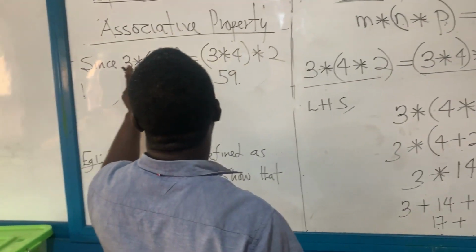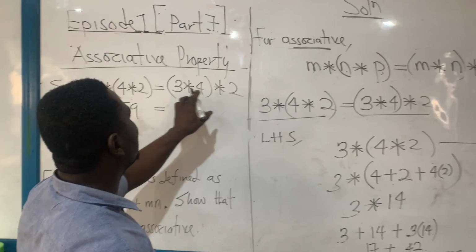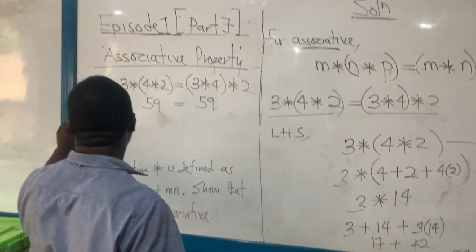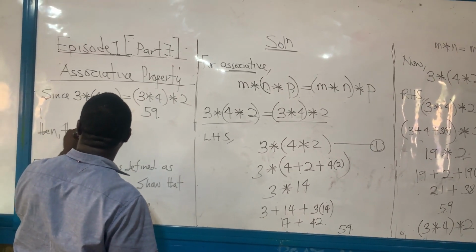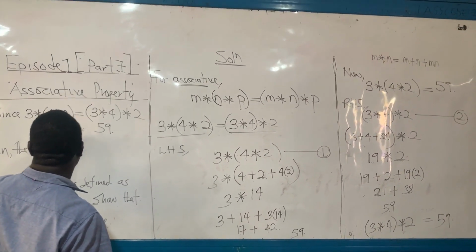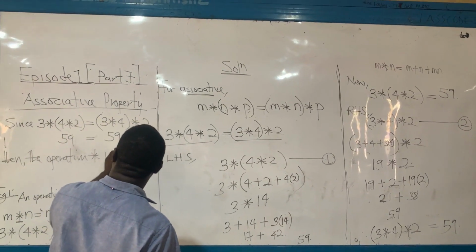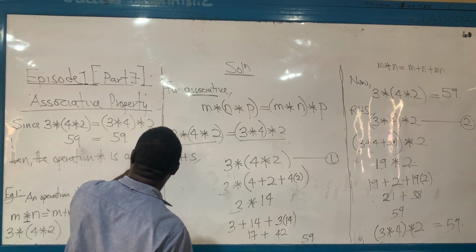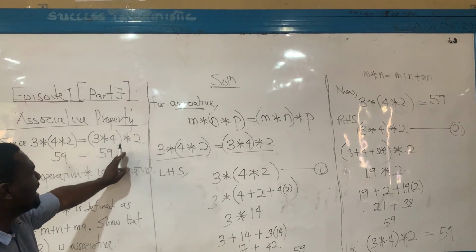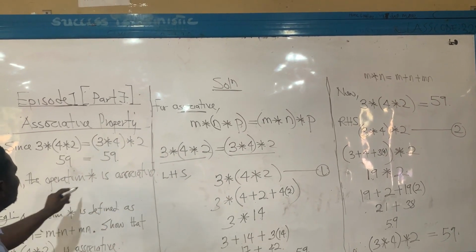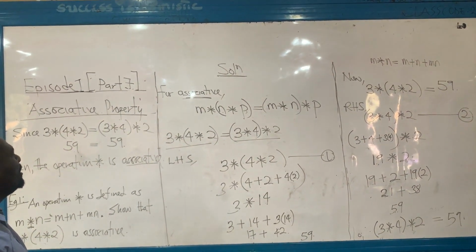So since we are getting the same answer, then what operation did I use in solving the work? I used the operation star. Then the operation star is associative because the left hand side answer is the same as the right hand side answer. So in that case, the operation is associative.